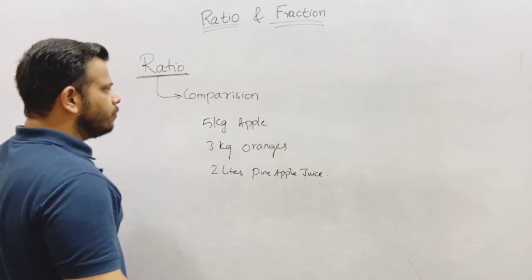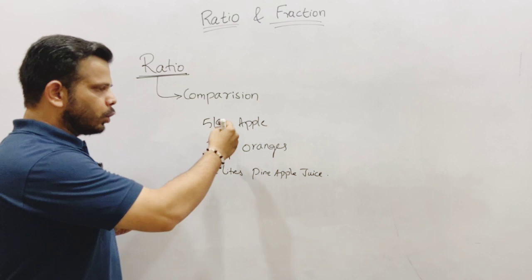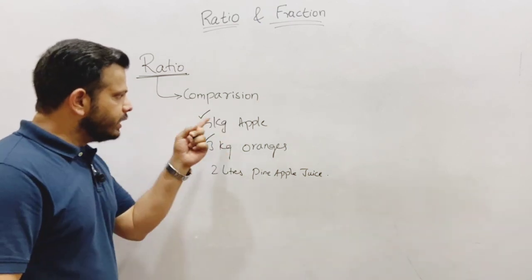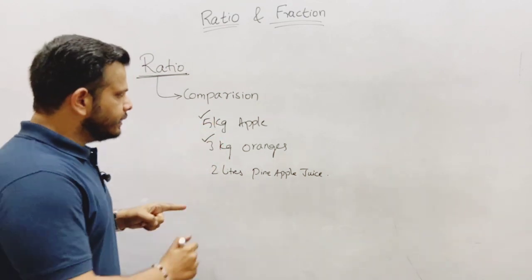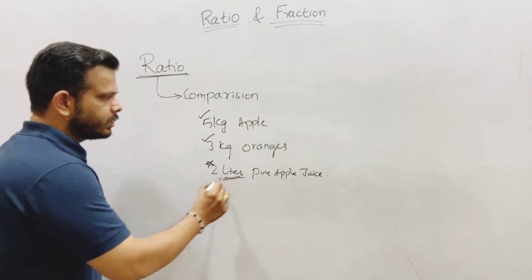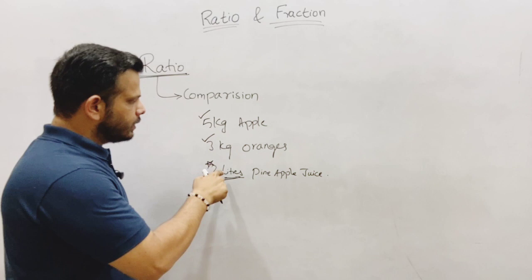So when I start comparing these quantities, these two are of equal units. These are in kg. This is of a different unit, liters. I can't compare 5 kg with 2 liters.